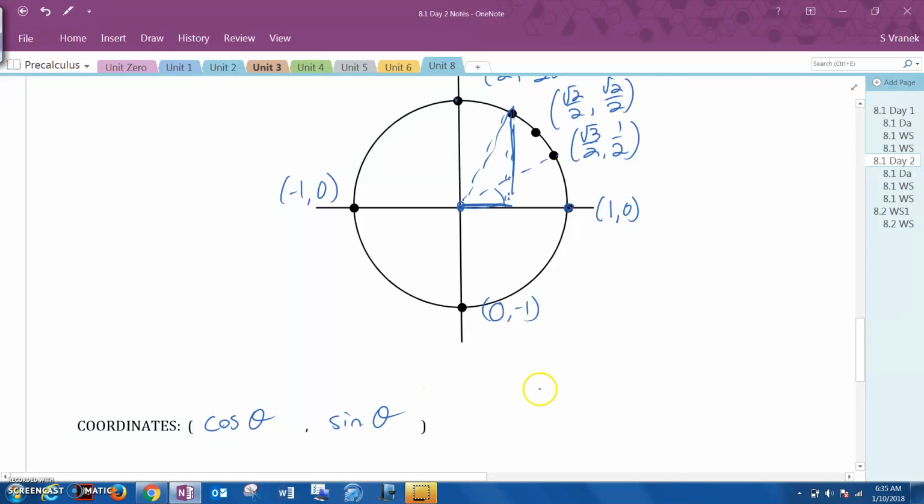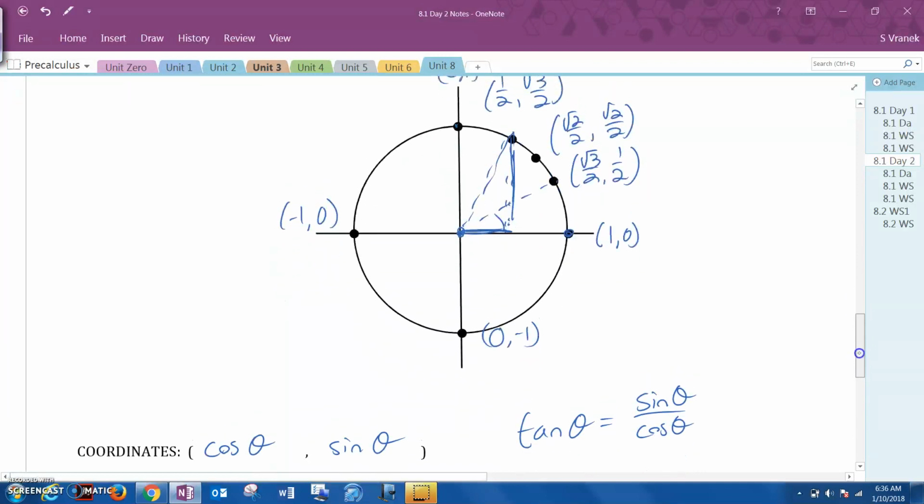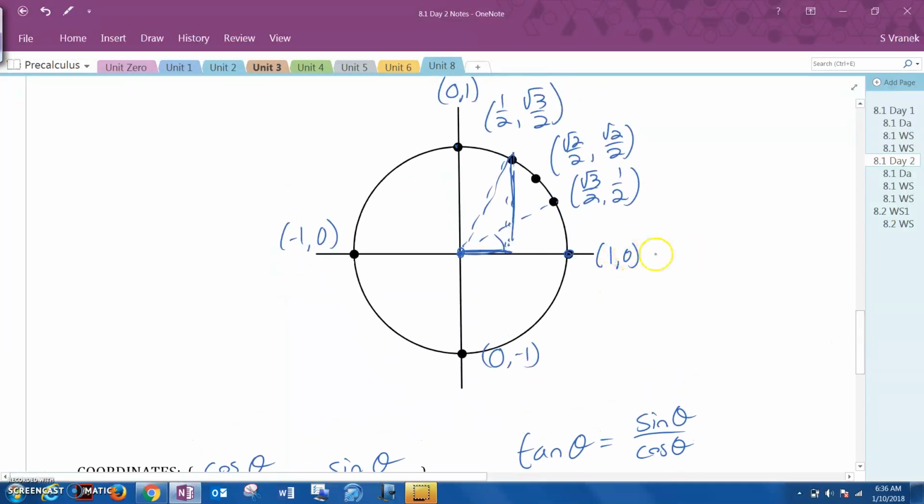Alright? The other thing you need to remember is that tangent of theta is just equal to sine of theta over cosine of theta. So before we go on, it's easier to just write the tangents down on the circle. If I do y over x, y over x is 0 over 1, so tangent is just 0.